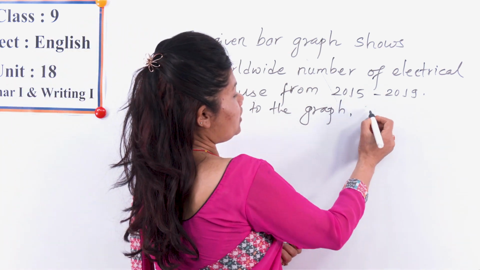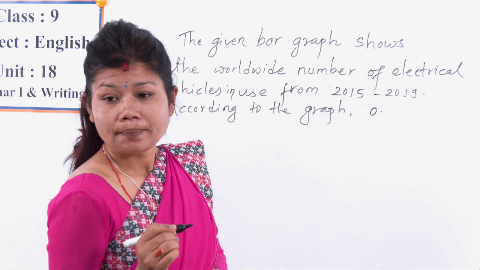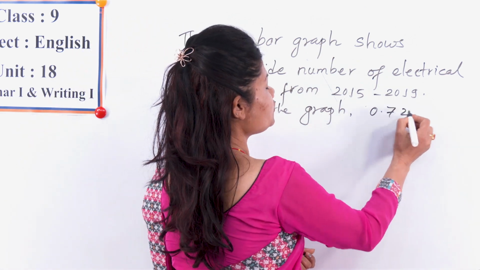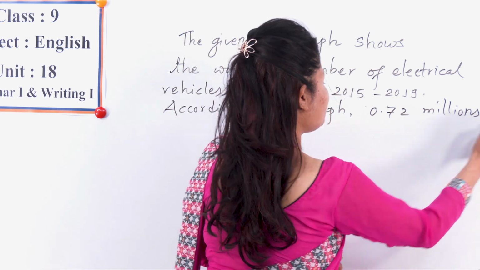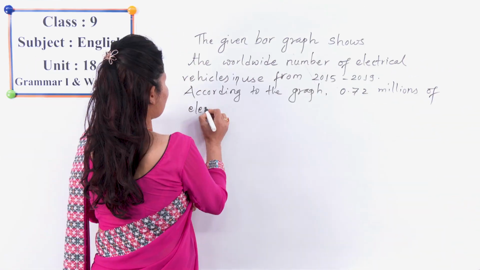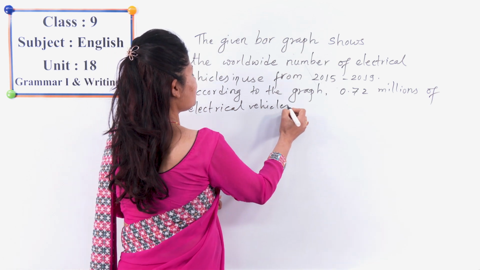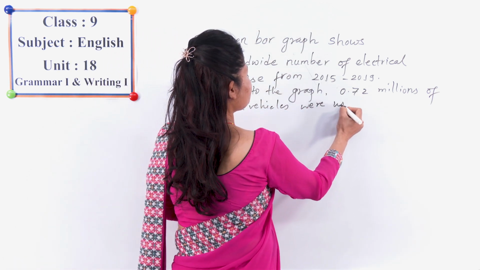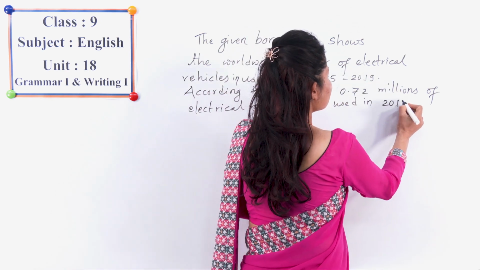So, 0.72, yes, 0.72 million of electrical vehicles, yes, were used. In which year? Yes, very good, 2015.